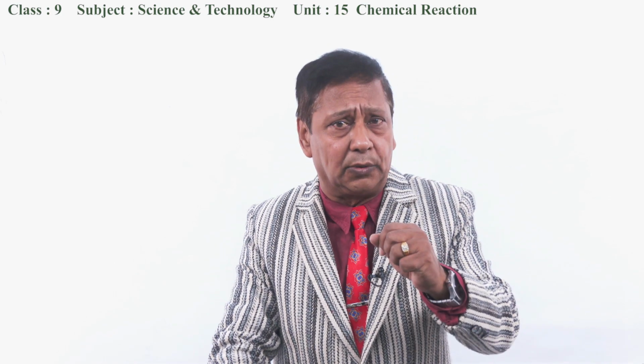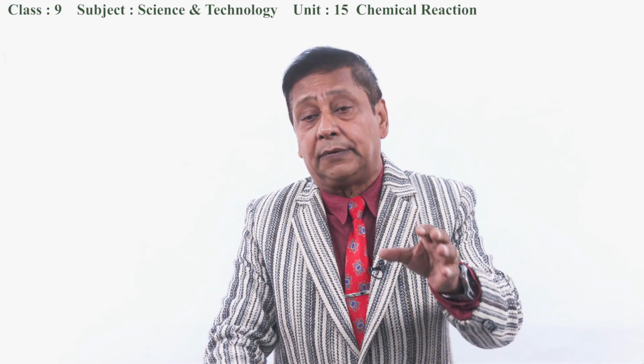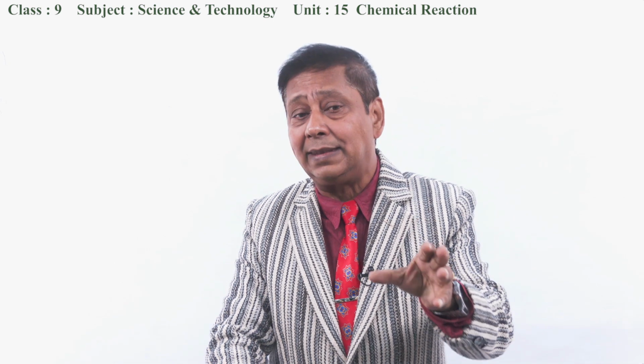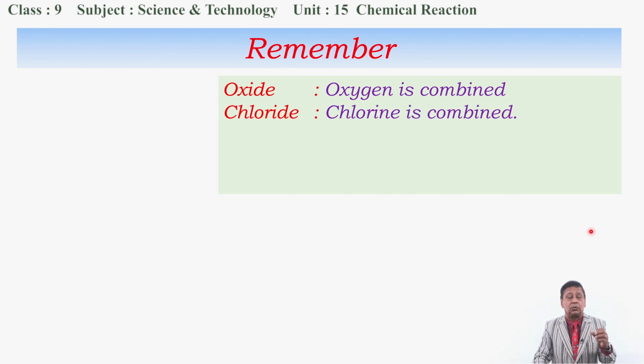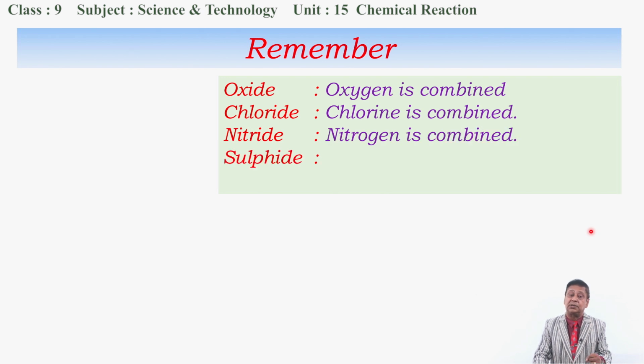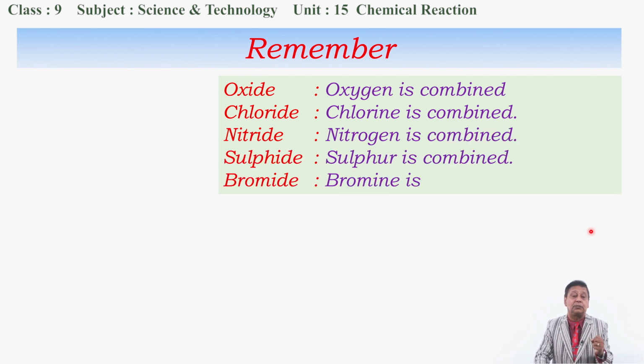But there are other things which we must remember. First point: when oxygen combines with an element, it is called an oxide. If oxygen is combined with iron, we say iron oxide. In the same way, chloride means chlorine is combined, nitride means nitrogen is combined, sulfide means sulfur is combined, bromide means bromine is combined, hydride means hydrogen is combined, and iodide means iodine is combined.